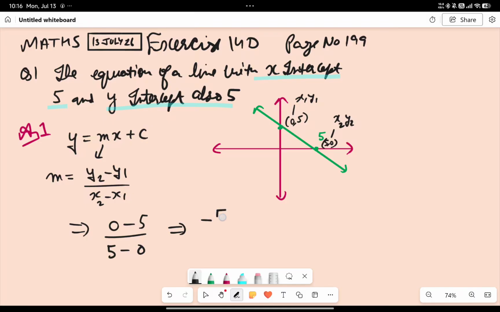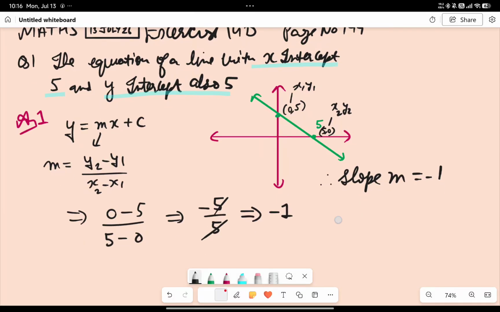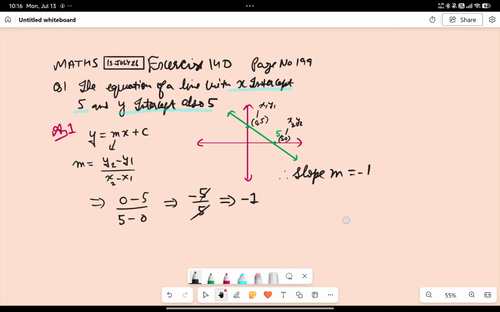So you got minus 5 over 5, and you cancel it, you find minus 1. Therefore slope m is minus 1. Done till here? Any problem?